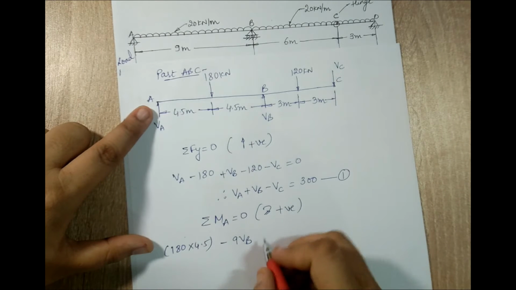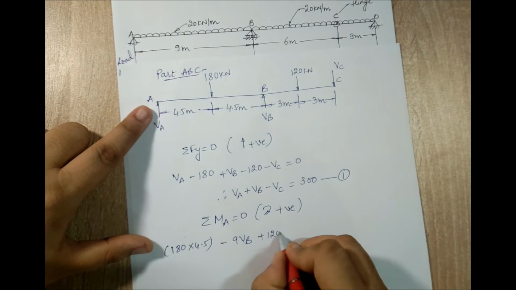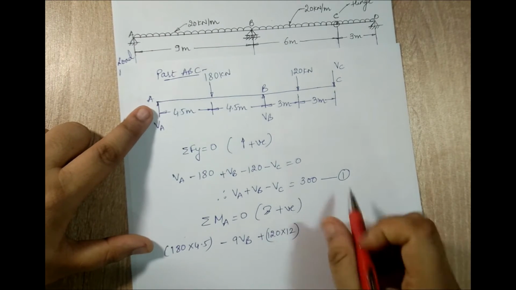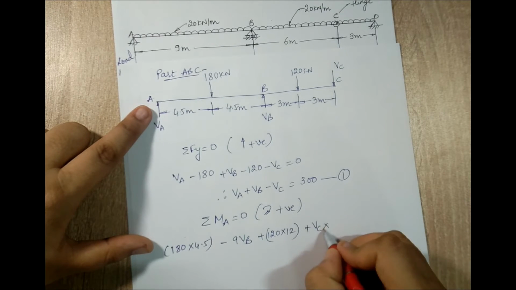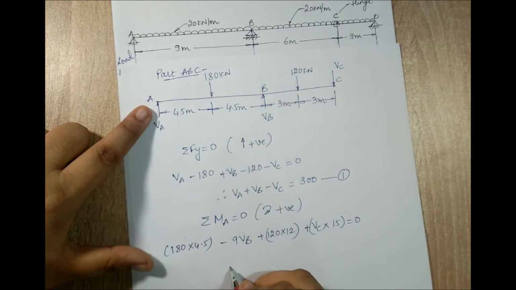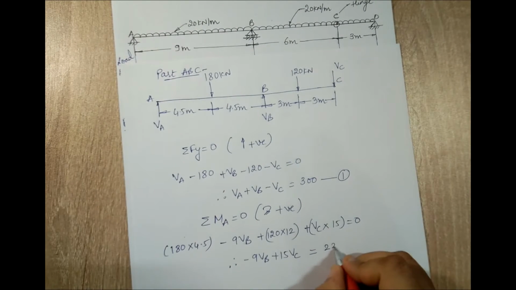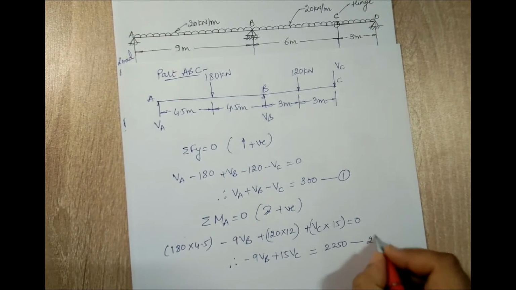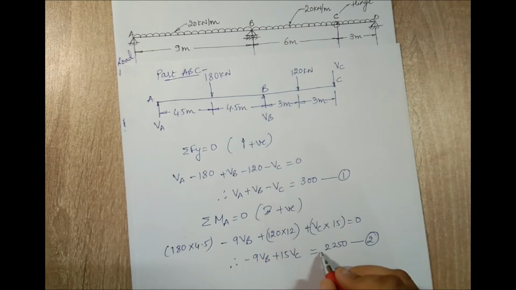Then I have 120 turning clockwise, so plus 120 into 12, and I have plus VC into 15 is equal to 0. So here I get therefore minus 9 VB plus 15 VC is equal to 2250. I mark this as equation 2. Okay, so this will be with a negative sign.